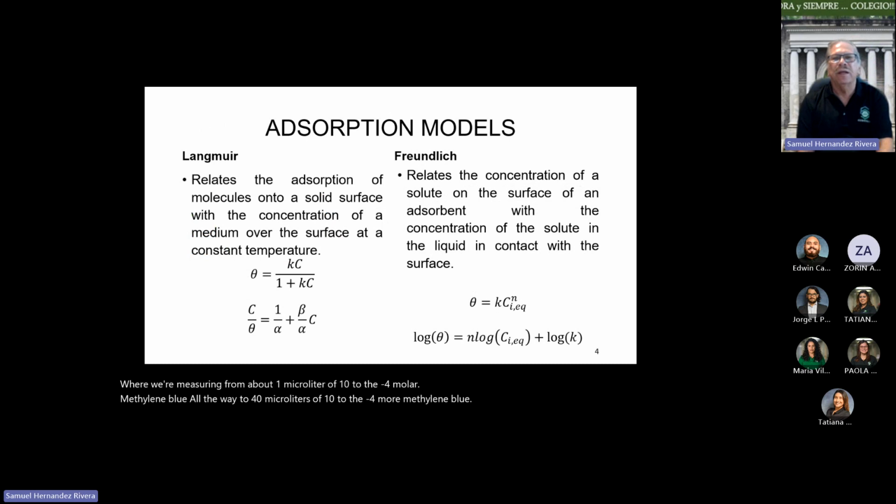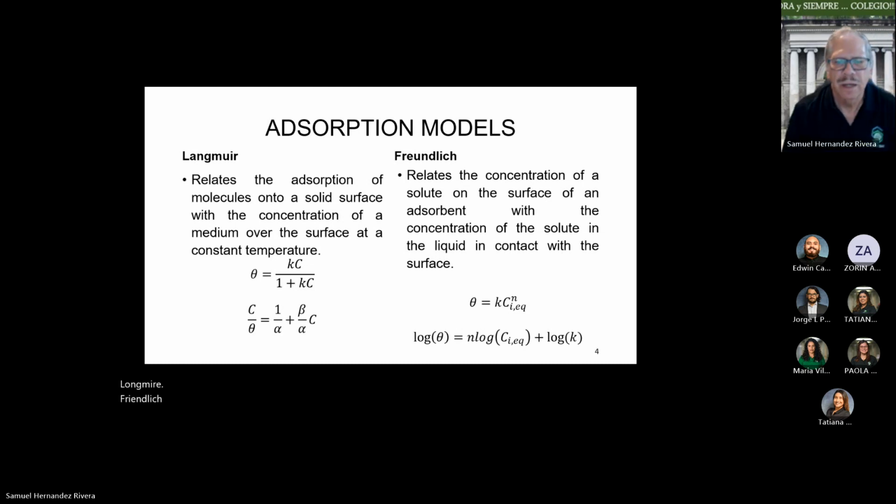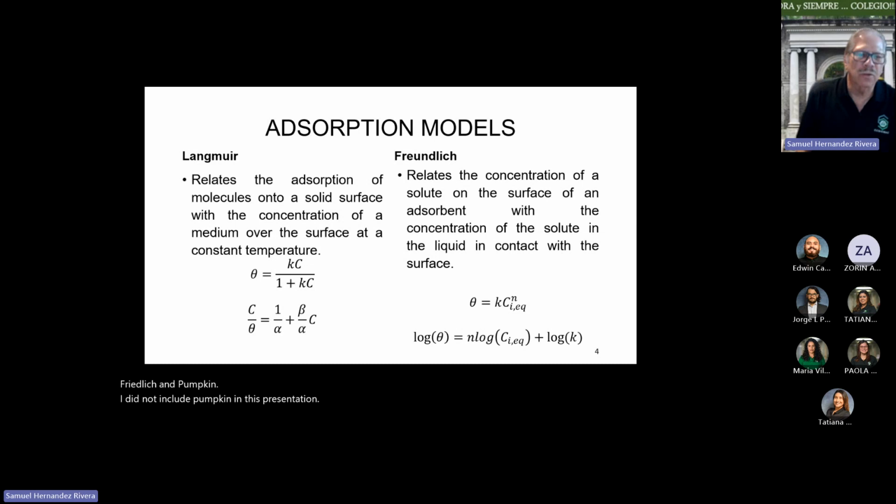There are 3 adsorption models: Langmuir, Freundlich, and Temkin. I did not include Temkin in this presentation, but that's another alternative. Langmuir relates the adsorption of molecules onto a solid surface with the concentration of a medium over the surface at a constant temperature.